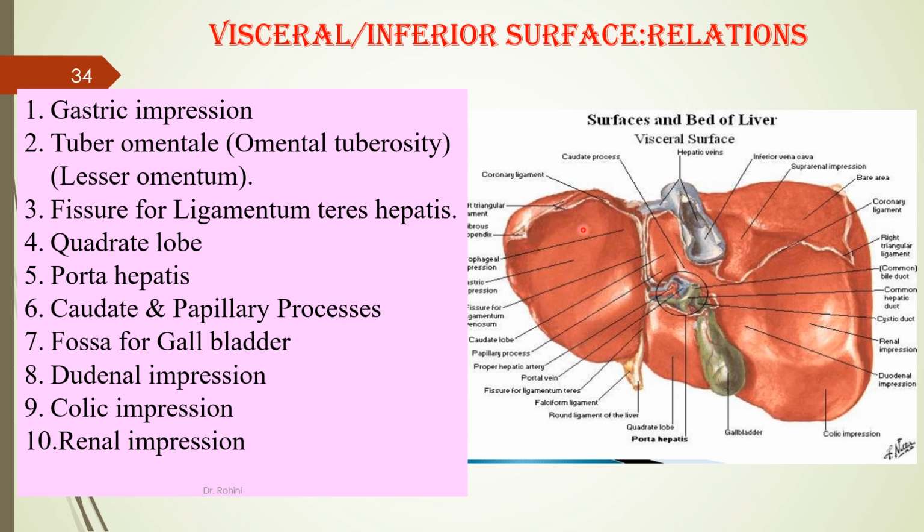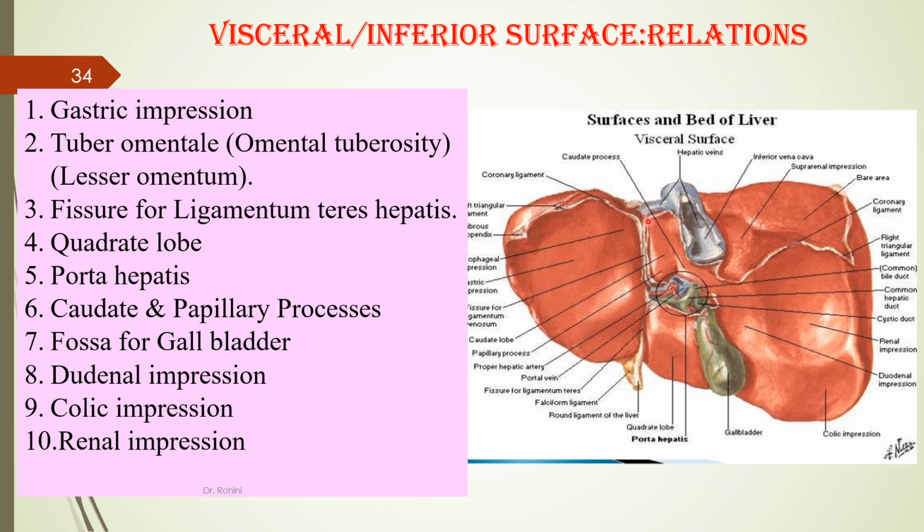Just to revise again, the gastric impression will be there. Now here along this lesser curvature, there is one elevation called the omental tuberosity, which corresponds to the tuberosity on the pancreas. This is your omental tuberosity, not very clear in this image.